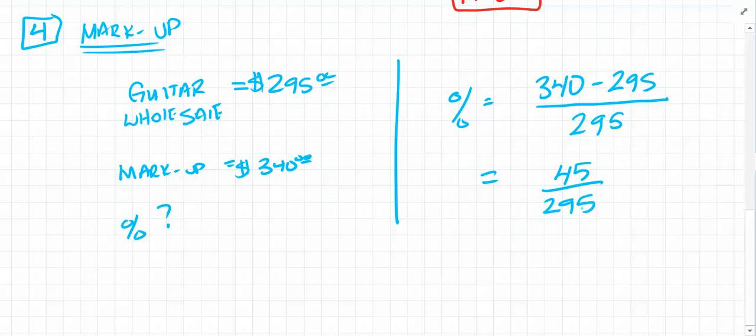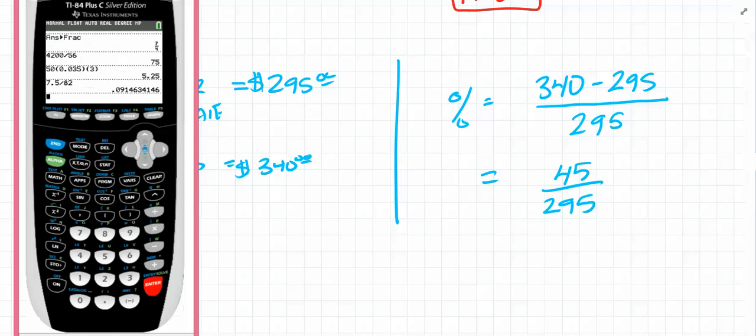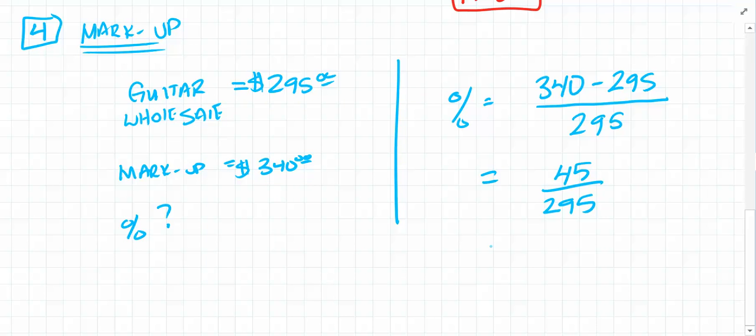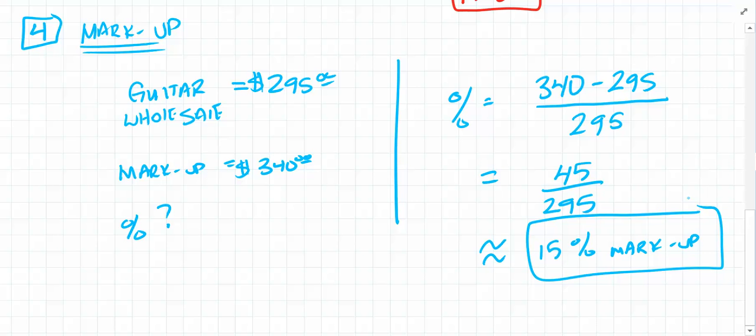If I want the percentage, I could just multiply by 100. I'm getting 15.3 if I round. So this is approximately a 15% markup. Or, like Pallavi said, this is making 15% profit on every guitar that they sell.